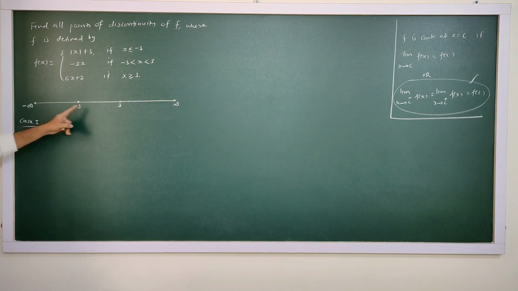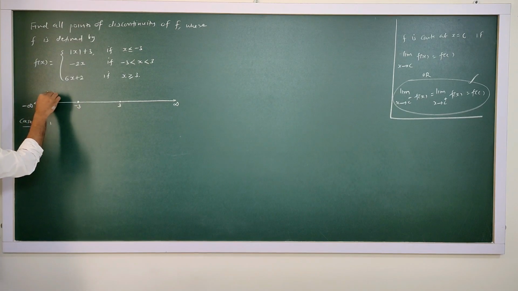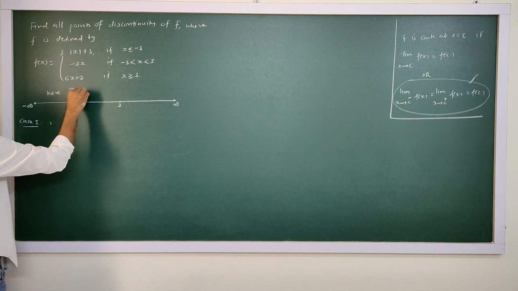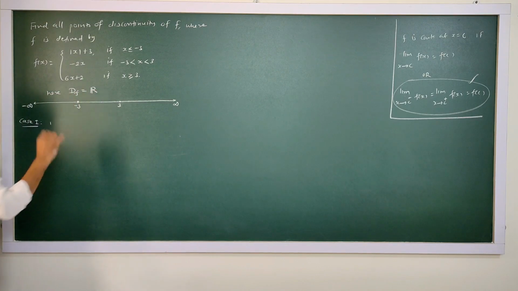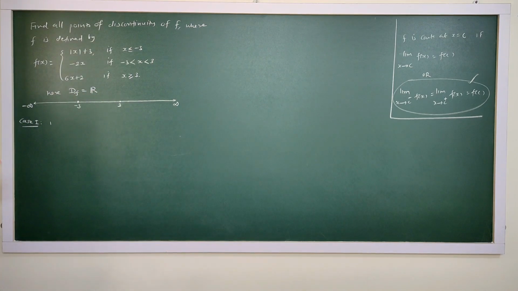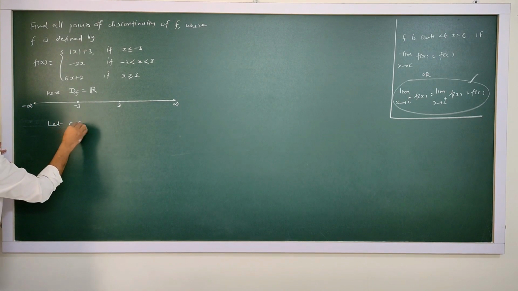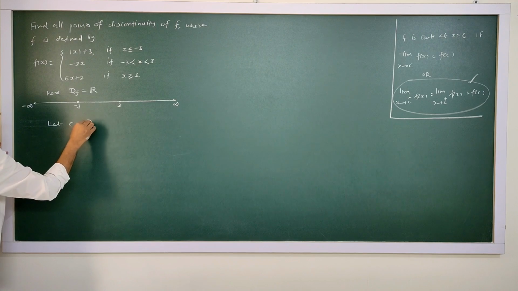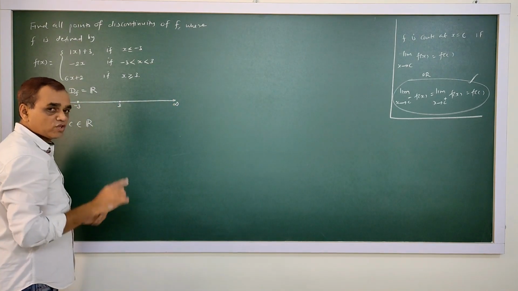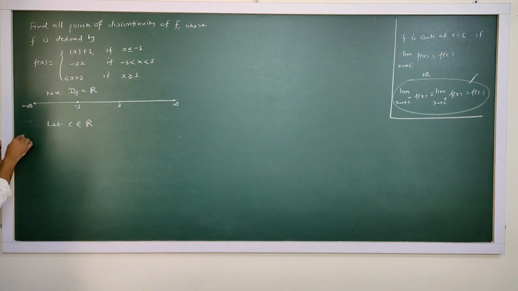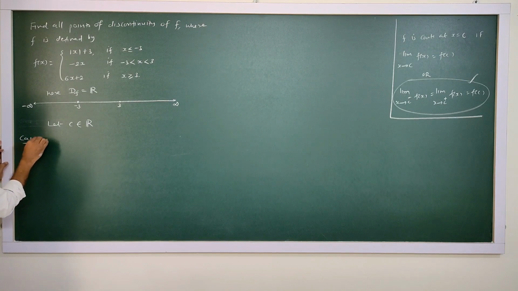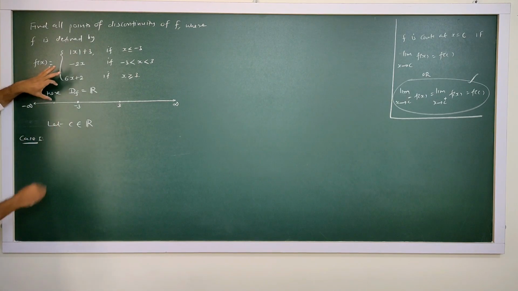You can see here the domain is R. The domain of this function is the set of real numbers. And from the domain, take a real number c. So let c belong to the domain. c is any number from this domain. So for the selected c, case 1, c can be here.